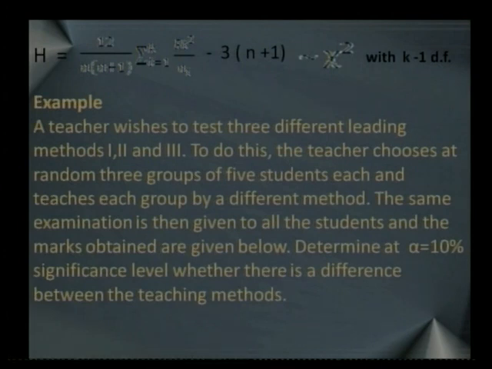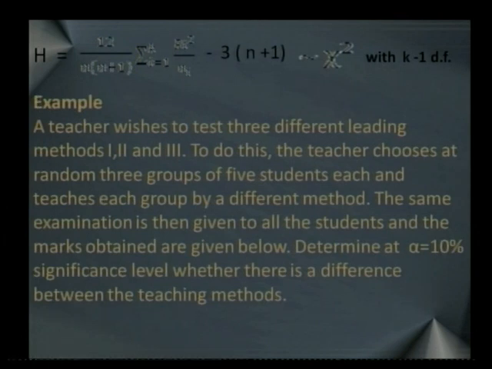The same examination is then given to all the students and the marks obtained are given below. I have shown it in the next slide. We have to determine, at the 10% level of significance, whether there is a difference between the teaching methods.